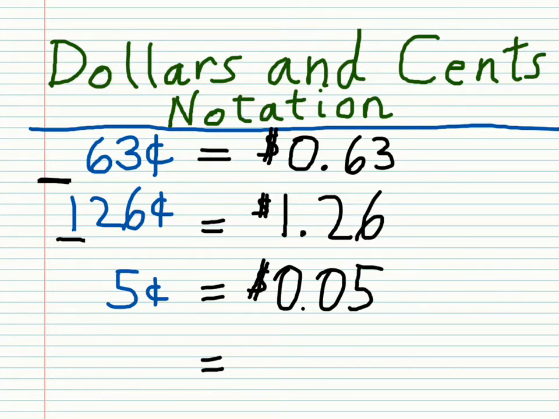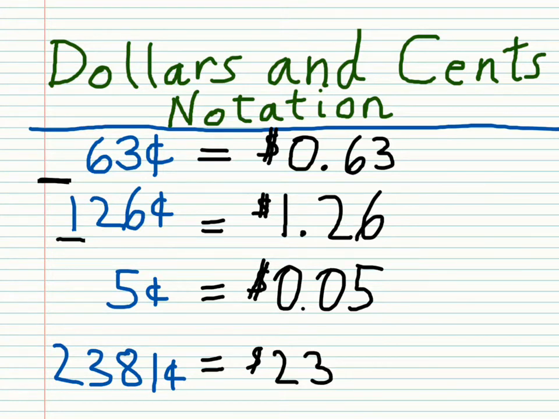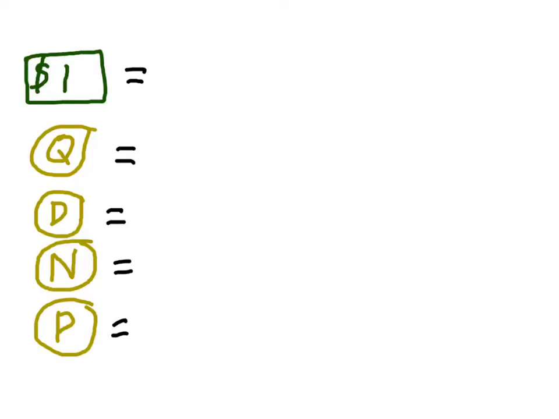And if you had 4 digits for your cents, you would almost never see your cents written like this, but if you did have that in dollars and cents notation, you'd have $23.81. This is a cents, not a 4. Okay. So this is dollars and cents notation and how that works.